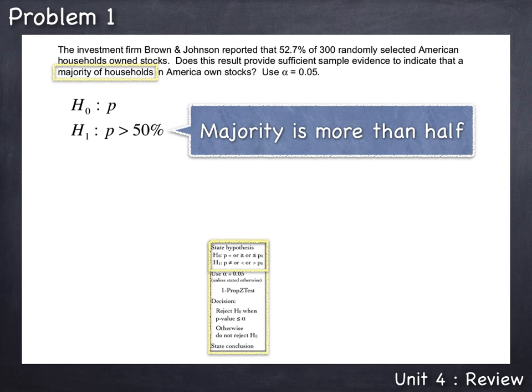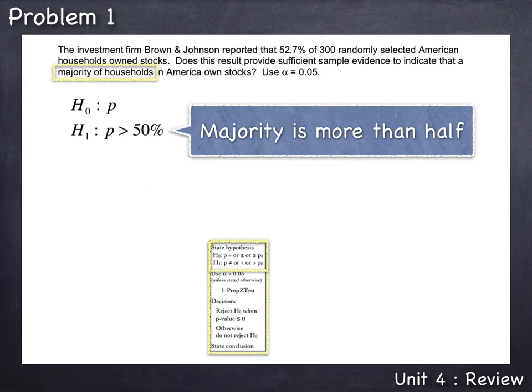And more than half can be represented as the fraction 1/2, or more than 50% can be represented as the percentage or as the decimal, 0.50. In this case, I use H1 to be P greater than 50%. And if it truly is that the population proportion P is greater than 50% or more than half, then we can conclude that yes, indeed, a majority of households in America own stocks.